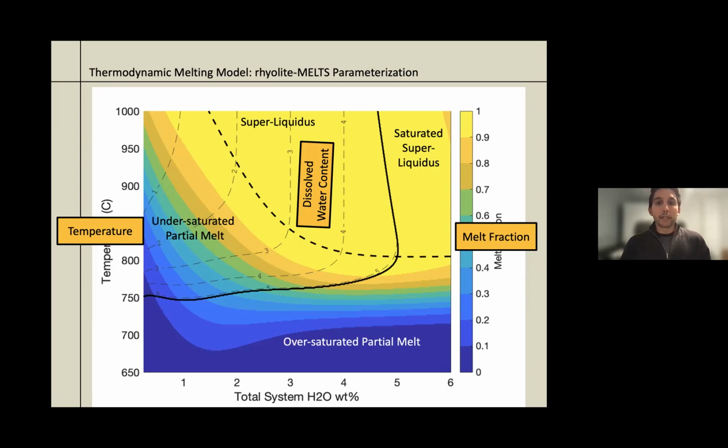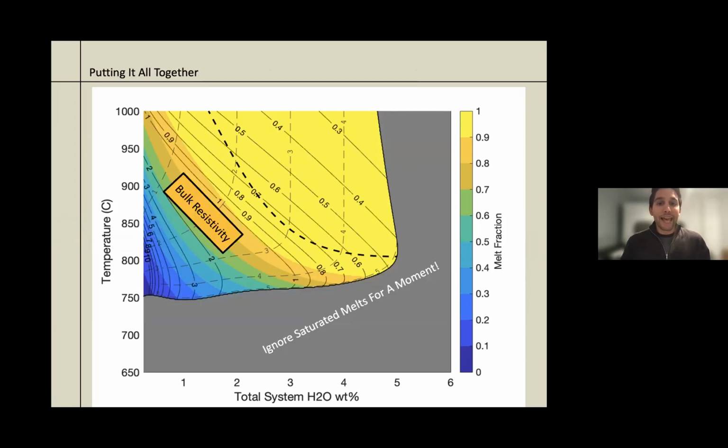And the figure gets a little bit complicated, and I'm leaving the dashed contours, which are dissolved water content, on here just to show the full relationship between all the variables. But I've now added these solid contours for bulk resistivity.